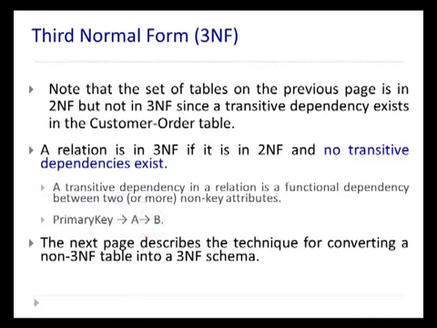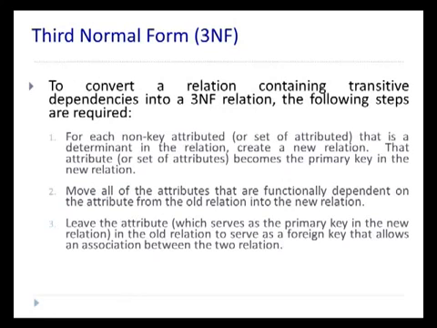So again, we have a process to remove transitive dependencies. And what we do is, for each of the non-key attributes, in this case our customer name, we move that into a new table as well as its determinant. So its determinant was customer ID.